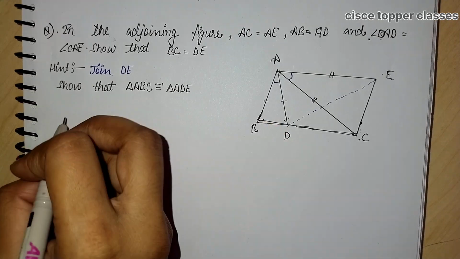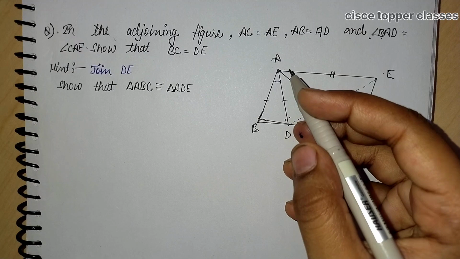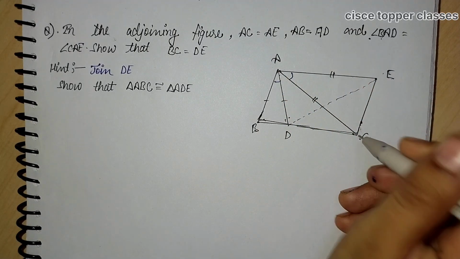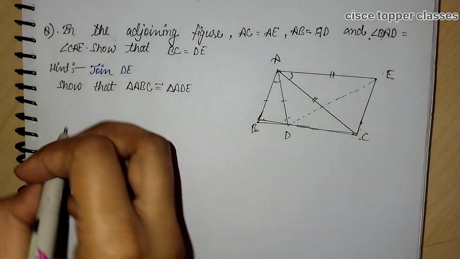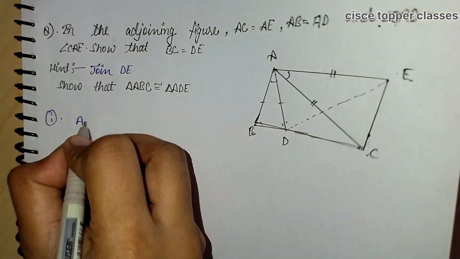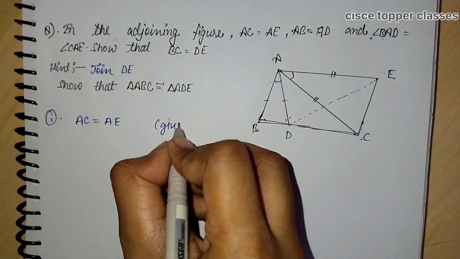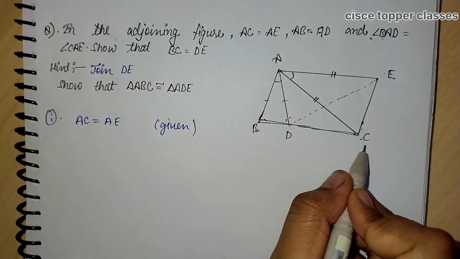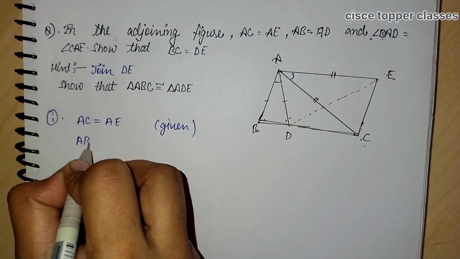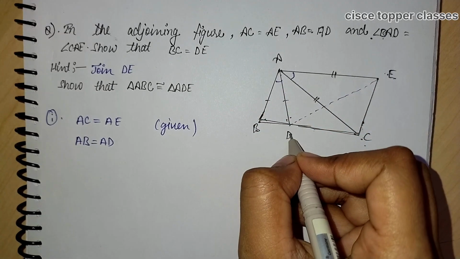So joining DA we can simply prove from the given information that this BAC and DAE are equal. So firstly given information is AC is equal to AE. This is given, and AB is equal to AD, means this line is equal to this line.